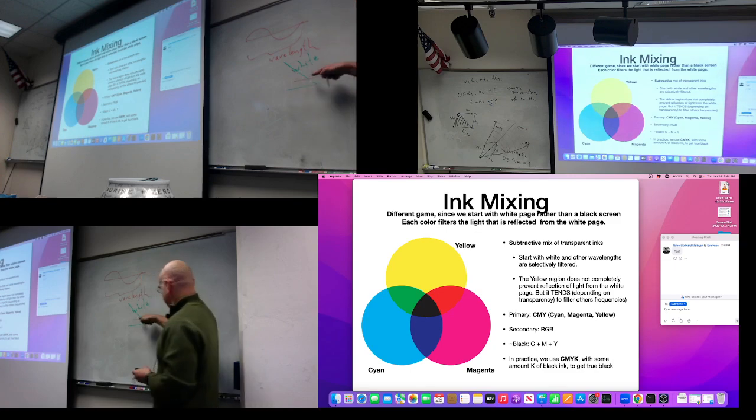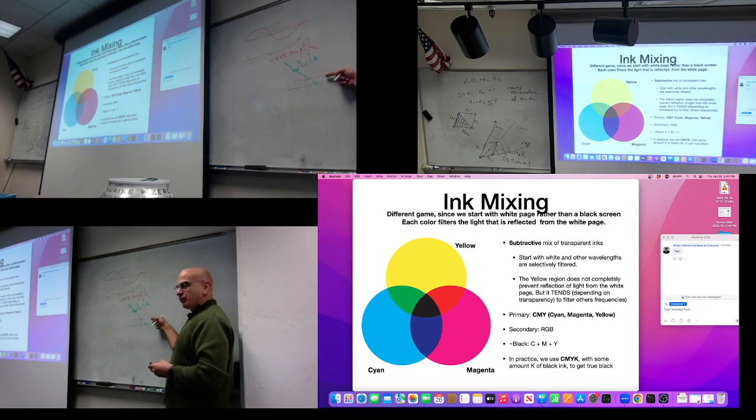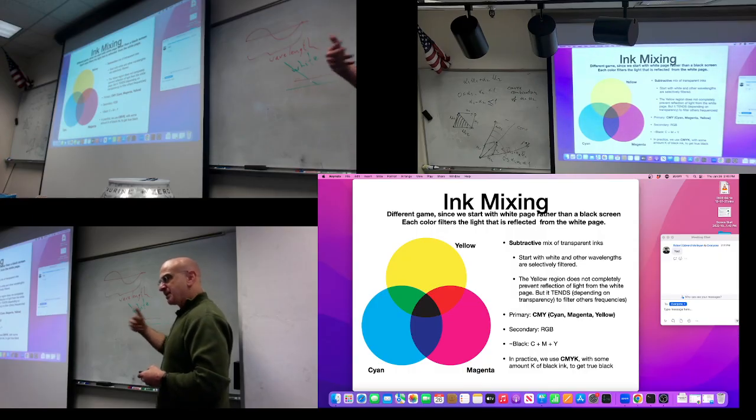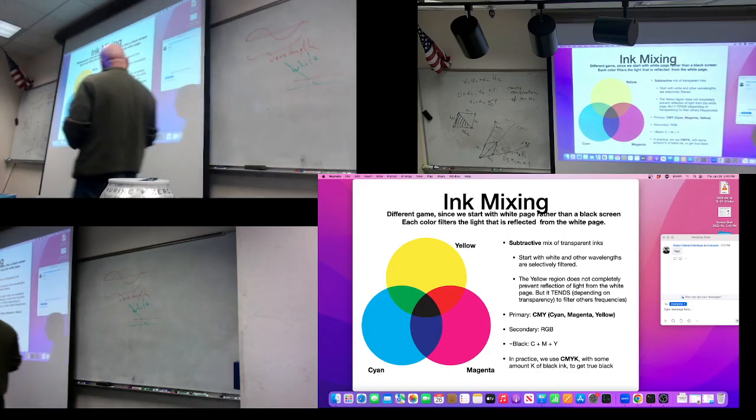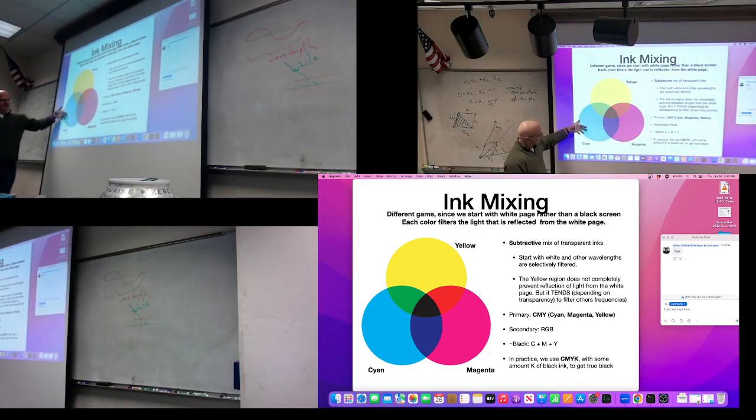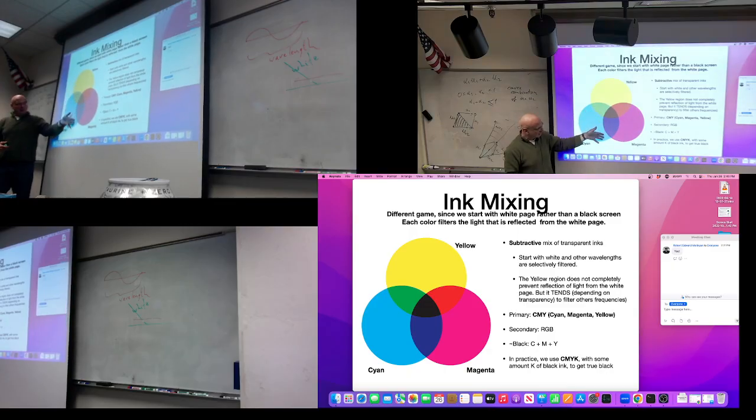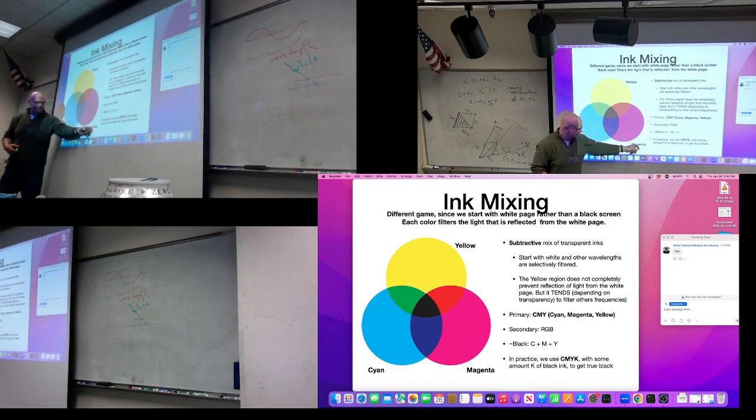Once I put red over it, it means I prevented the red color from going. So what will you see as the color over here? It's everything besides the red filter that I placed on top. So I subtract from the white. Putting a cyan color, I subtracted, or putting the blue color, I removed blue from the white. So I'm left with magenta, I think.